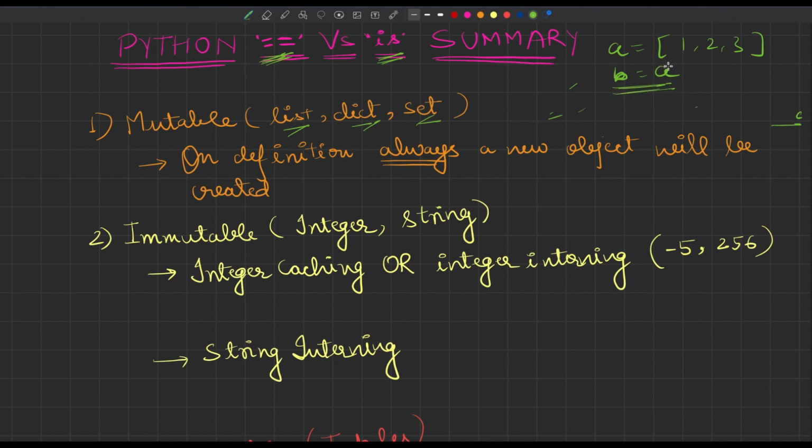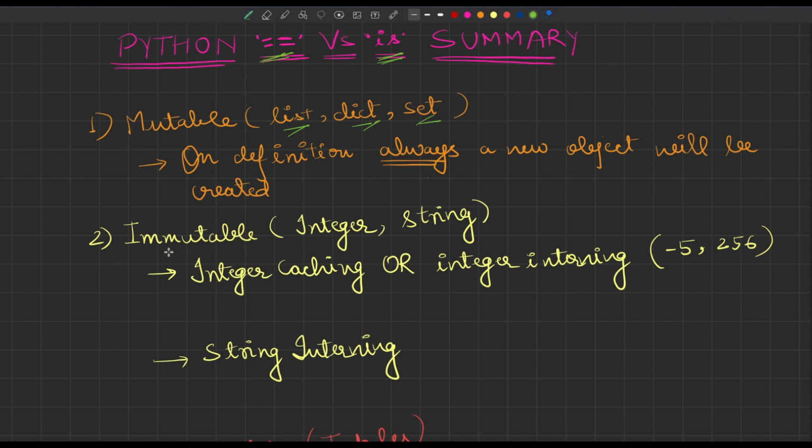Here we are not defining a list from scratch. Rather, we are doing B equals A, which means now A and B are pointing to the same object. In this case, A is B is going to return true because they are pointing to the same object. So this is the case of mutable types.